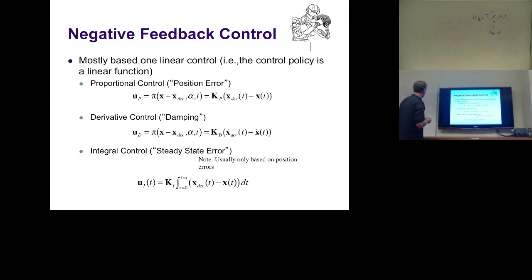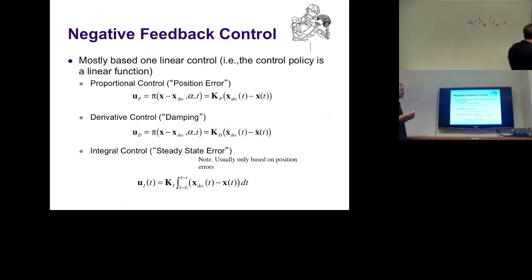That means we simply write that this proportional control law is the error in position multiplied by a positive constant. This positive constant is called a gain or gain matrix. So let's look at this in more detail. So we have now U proportional equals some positive multiplier Kp times desired position minus current position.